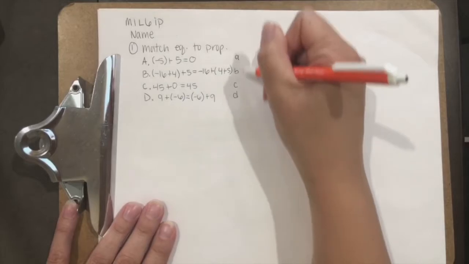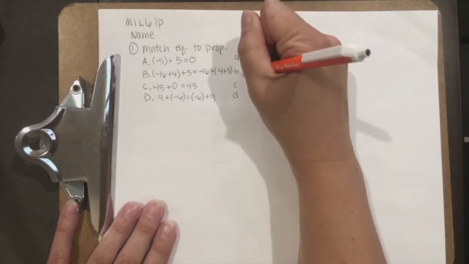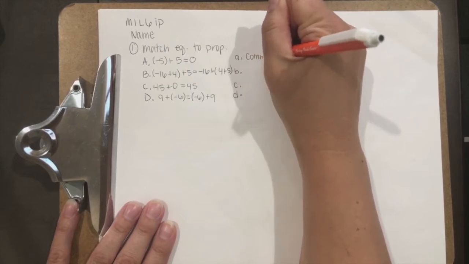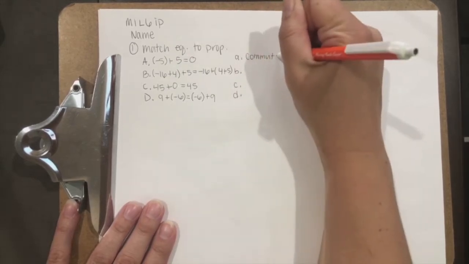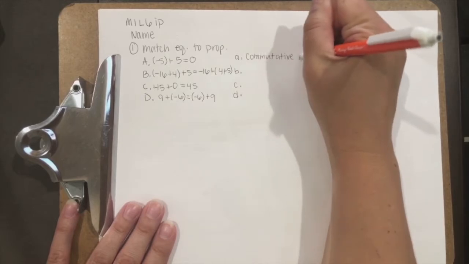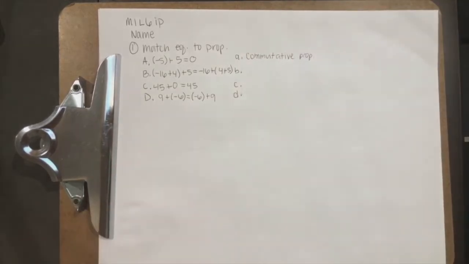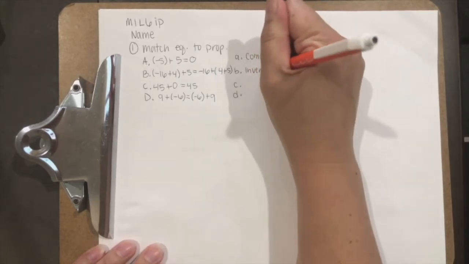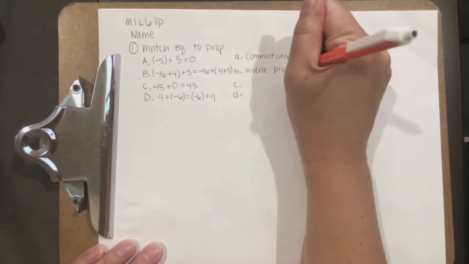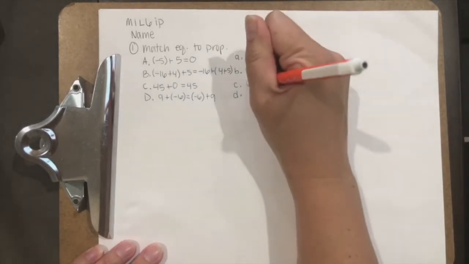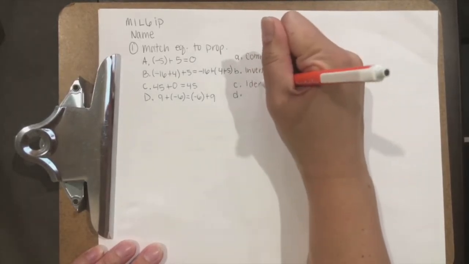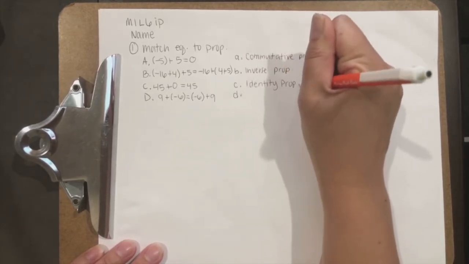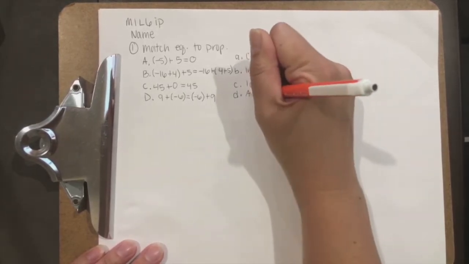All right, let's go ahead and put the properties here. A is commutative property. B, inverse property. C is identity property. And D is associative.